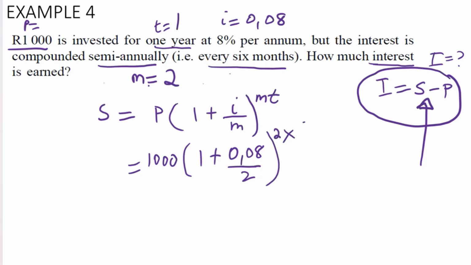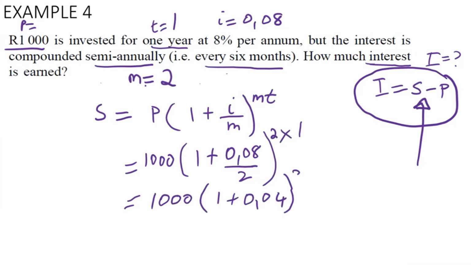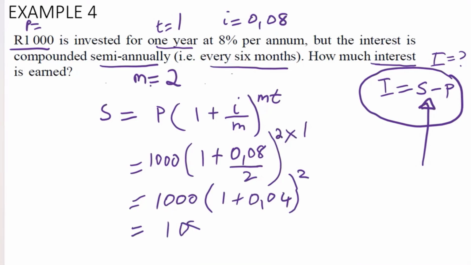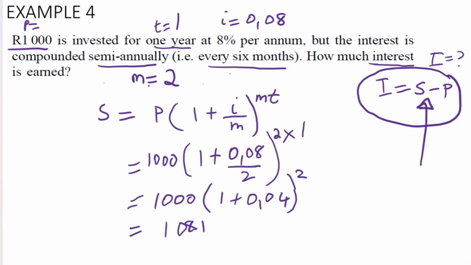Okay, so you can just plug this into your calculator. So this is going to be 1,000 into 1 plus 0.04 to the power 2, and your answer there is equal to 1081.60. This is not what you were asked.